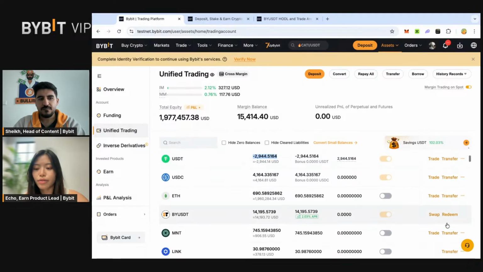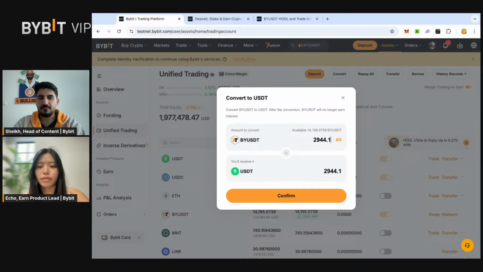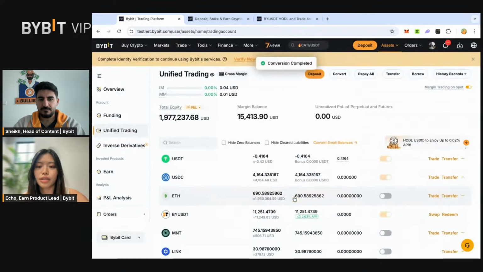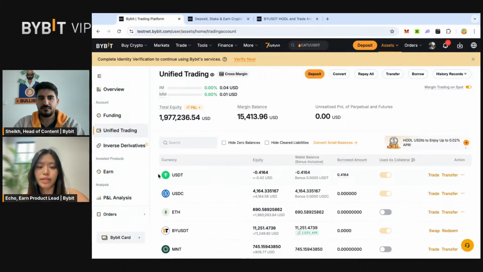So what I can do is choose redeem, convert to USDT, and I just key in the amount. It will convert exactly one-to-one back to USDT under my UTA. So I click convert. It happened immediately. So you can see most of my debts are paid with the redemption of my BYUSDT.